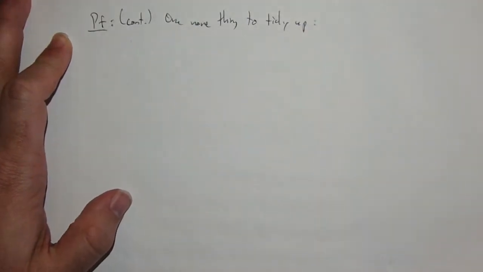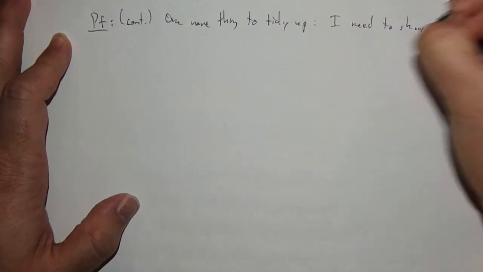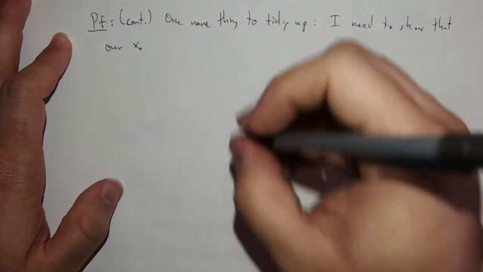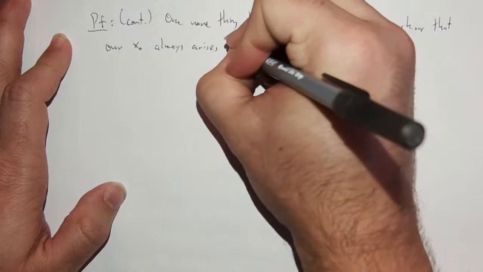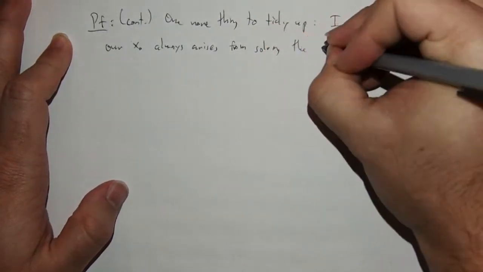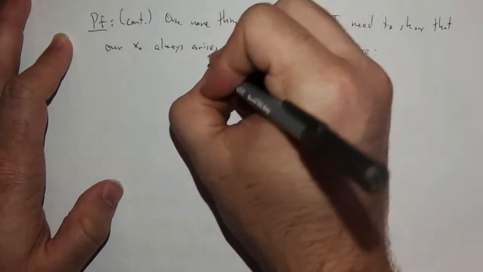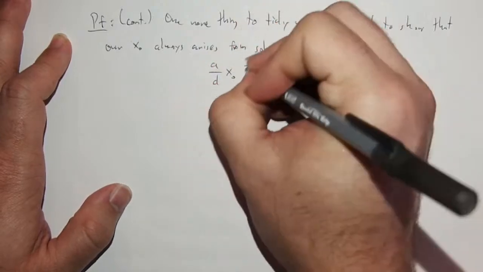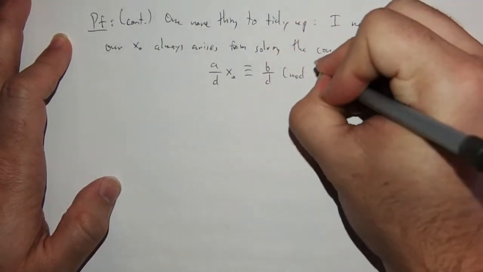So I need to show that our x naught always arises from solving the congruence that I've listed in my theorem statement, which is a over d x naught is congruent to b over d mod m over d.